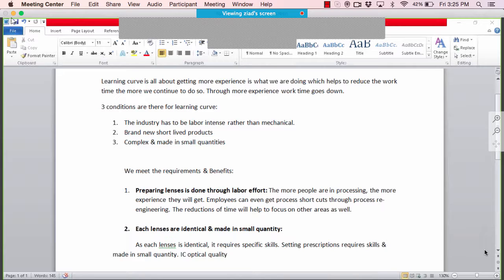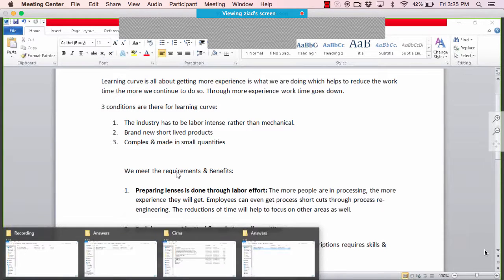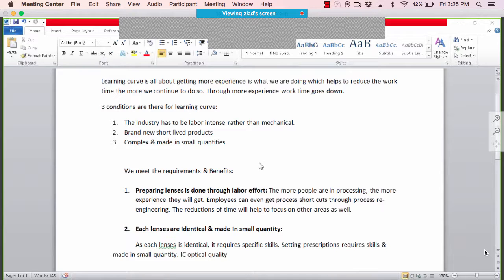We have to state that fact, saying we are not aware based on what is given. It's not stated whether it's highly automated or not. So we have to state that in the event we think it is not highly automated, then there is evidence to say that we certainly can have the advantages of the learning curve. However, other things to consider are staff motivation. If you can put your mics on mute, please.